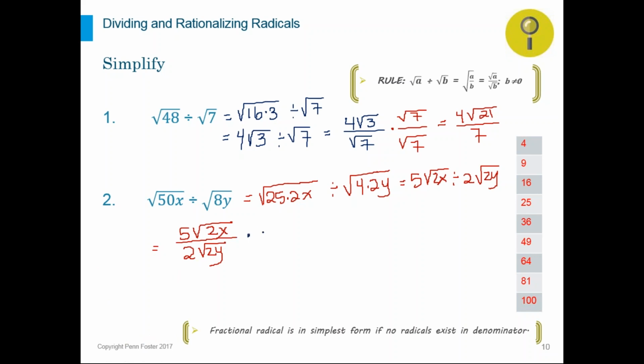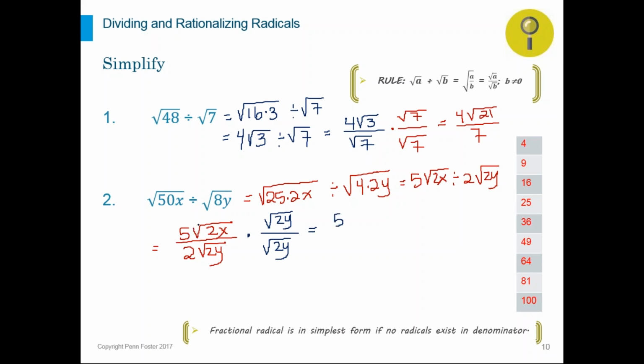Multiply times the square root of 2y. I'm not going to multiply both top and bottom times 2 the square root of 2y. I'm just going to multiply times the radical part that shows in my denominator, divided by the square root of 2y.